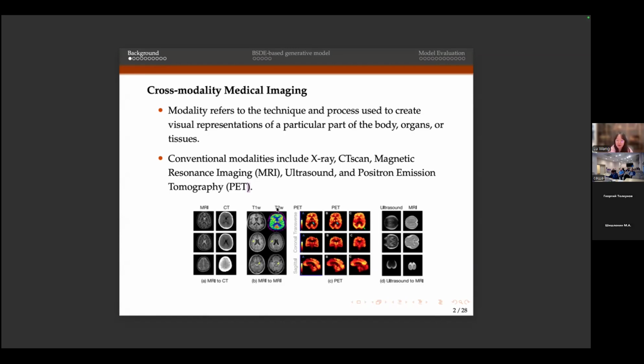W means weighted. So in this work, we will focus on just inside the MRI, but we use different modalities. That is to say, we look at how to transfer one distribution into another distribution.